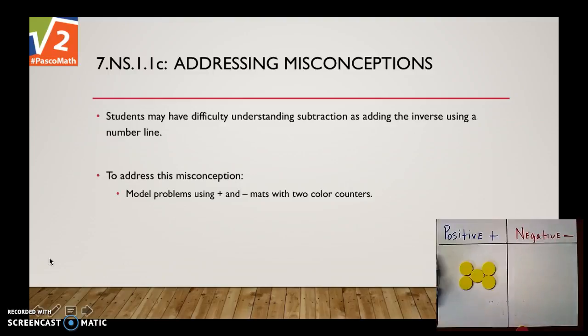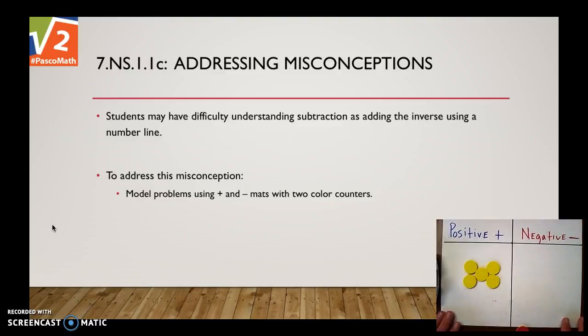Some students might have some difficulty understanding subtraction as adding the inverse using the number line. And we can go back to the positive and negative mats and two-color counters for sure, for students that need to use them to make sense. A good example would be 5 minus 6, or 5 plus negative 6 using the additive inverse.